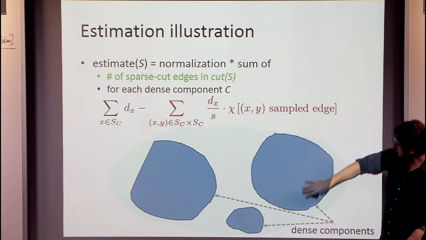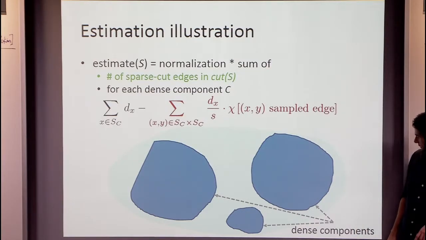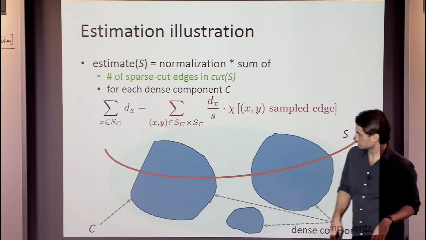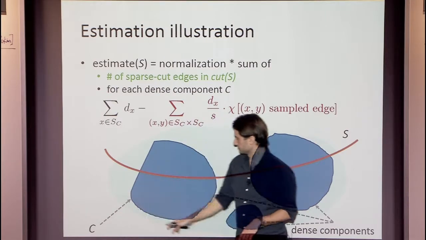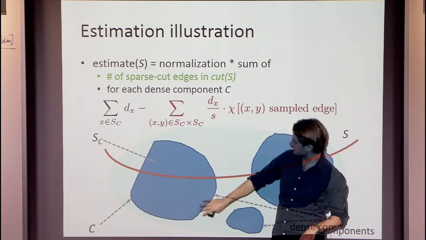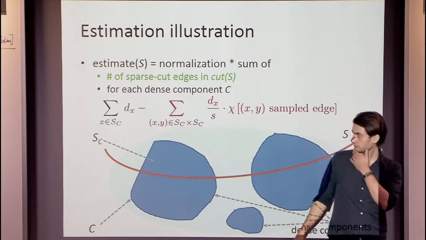Each of these blue blobs is a dense component, which doesn't have any sparse cuts inside. This is our set S, right? It cuts a few of them, let's say. So we denote by C one of these blue dense components. S_C is essentially the intersection of C with set S. So basically this is this part.